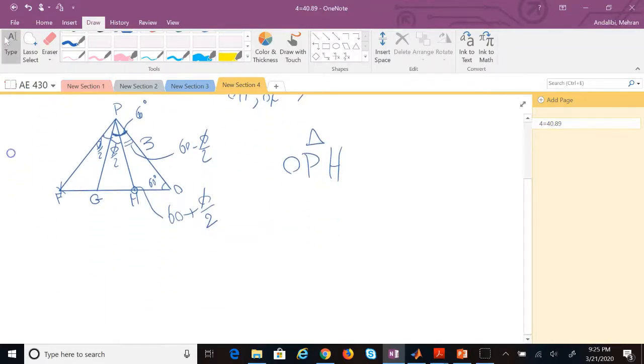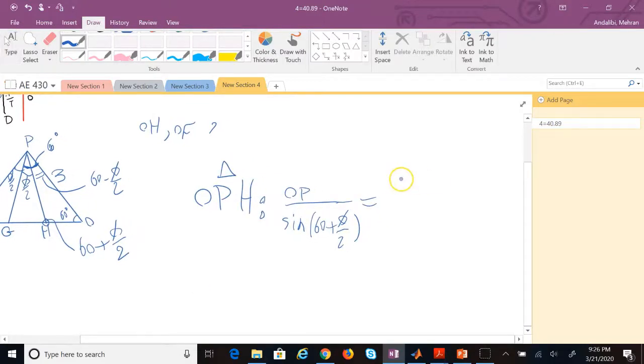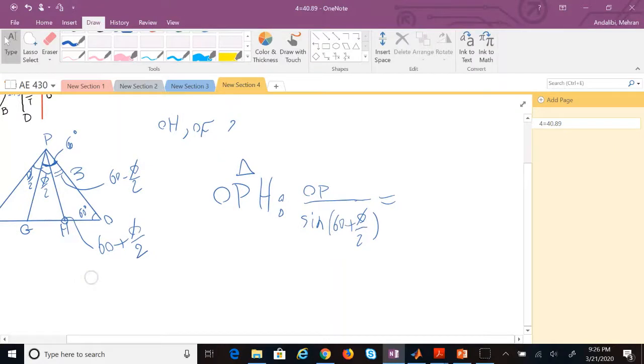So the law of sine says what? The law of sine says each side divided by the sine of the angle in front of it, that ratio is the same for all three angles. In other words, length OP divided by the sine of the angle in front of OP in that triangle, which is the angle 60 plus phi/2, is equal to a similar ratio for PH, which, by the way, I don't care about.